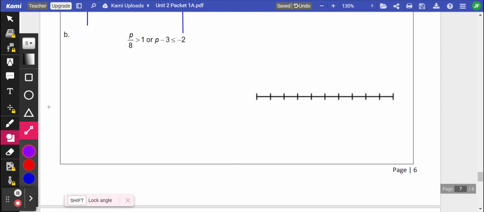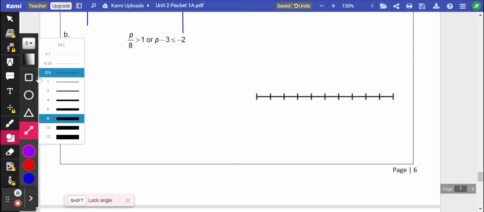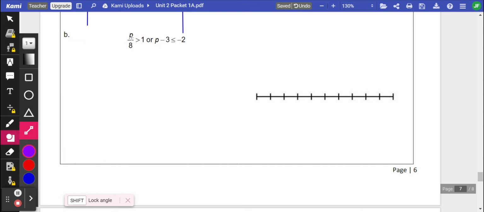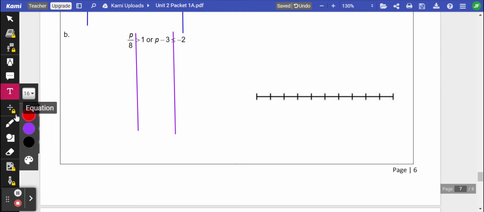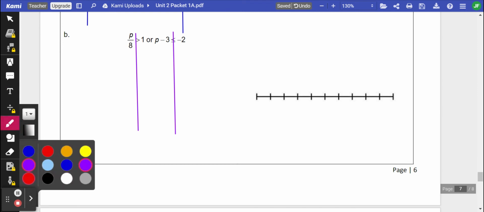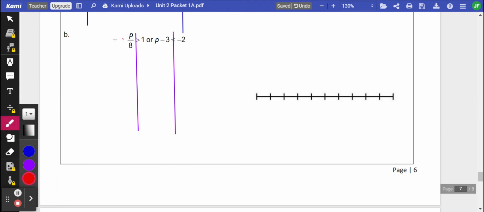The second type is when we have this or here, and you'll notice that it's already split into two different inequalities that I need to solve. So for the first one, I have p divided by 8 is greater than 1. To cancel dividing by 8, we're going to multiply by 8 on both sides.